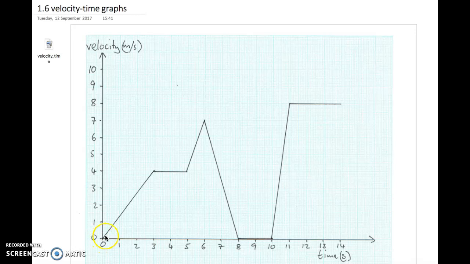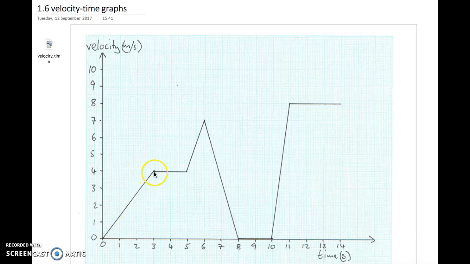First of all, we can see that we have a line that's sloping upwards. This shows that as time goes on, the velocity is increasing. So the velocity is changing from 0 meters per second, and it's increasing up to 4 meters per second in the first 3 seconds. Now, because it's a straight line, this is uniform.